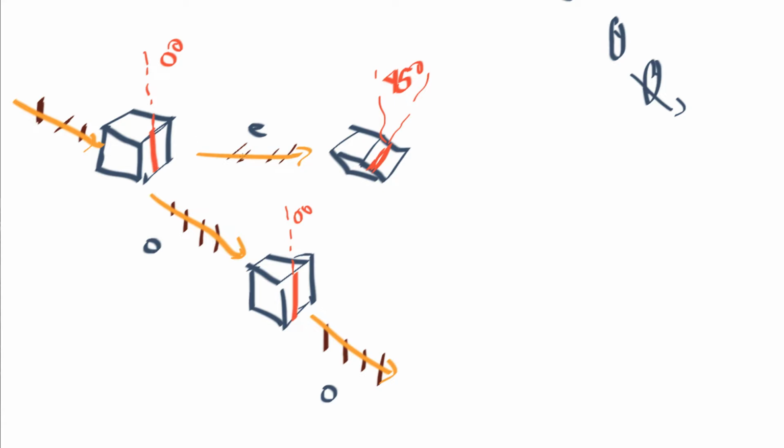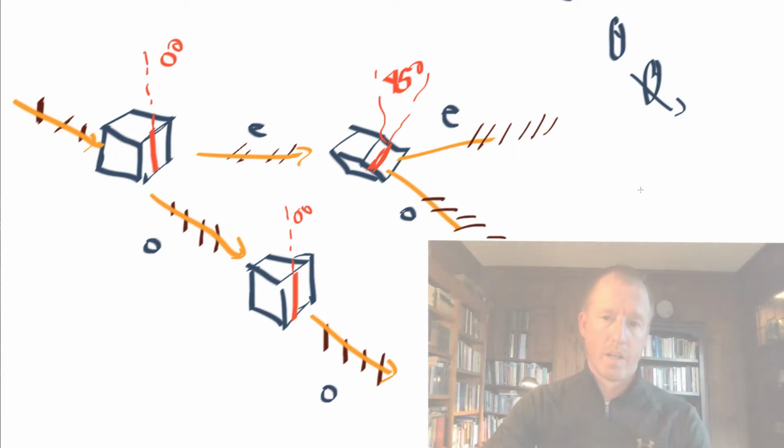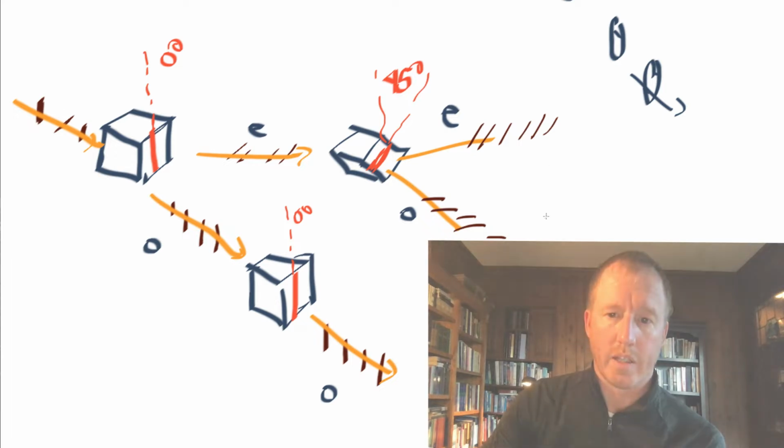Well, this extraordinary beam coming like this, going into this twisted crystal, is in fact divided into two separate beams, one that acts like an ordinary beam and one that acts like an extraordinary beam. Some of these are going to be coming out in the direction of the diagonal one way, and the other ones are going to be coming out in the direction of the diagonal the other way. So by twisting the crystal, you can further subdivide this into two beams like this.